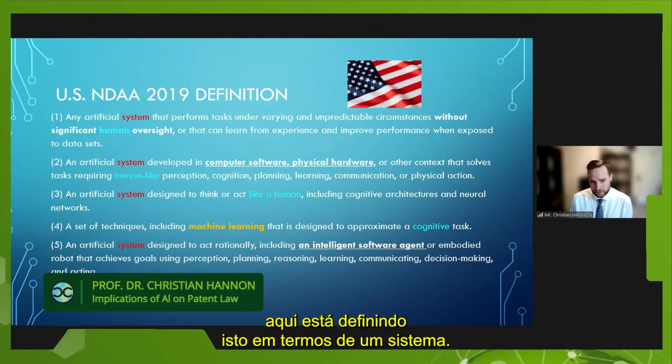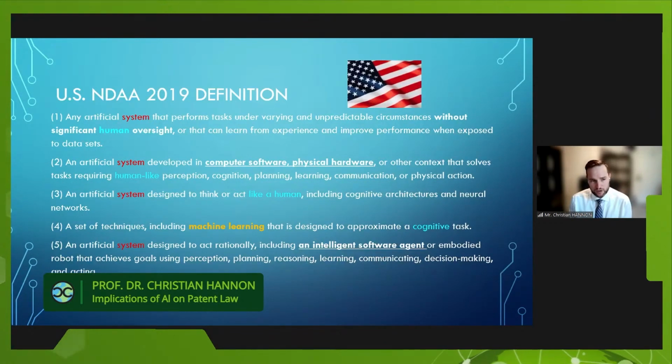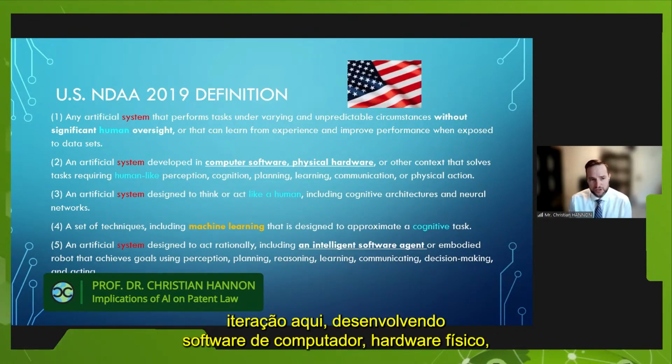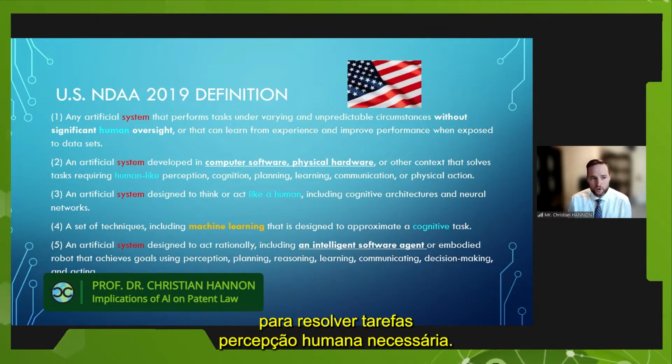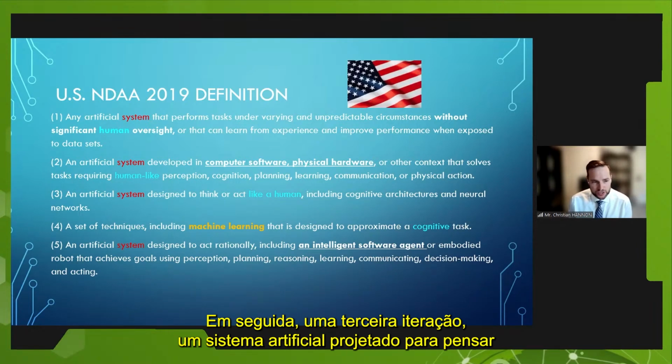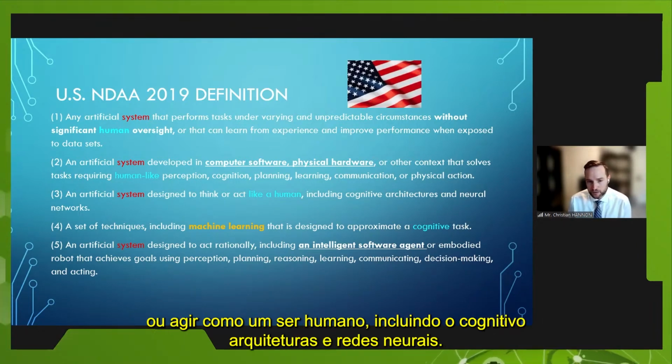Again, the US here is defining this in terms of a system. In the second iteration here, developing computer software or physical hardware to solve tasks requiring human-like perception. Then a third iteration, an artificial system designed to think or act like a human, including cognitive architectures and neural networks.